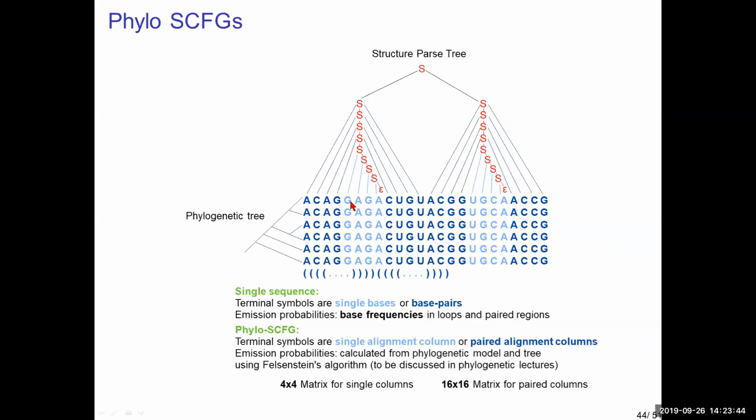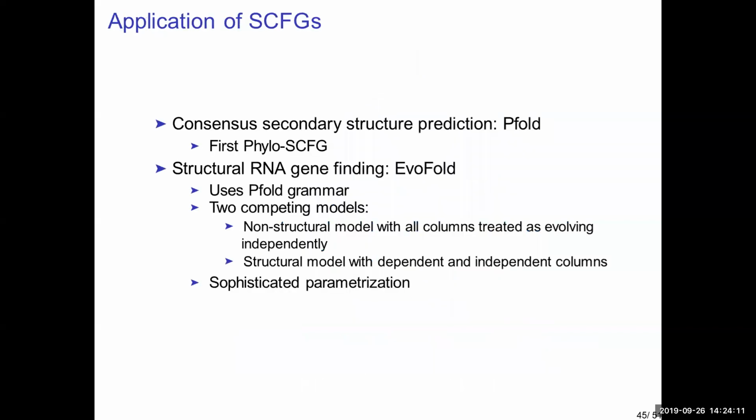So for example, a particular sequence might be replaced with another sequence that folds equally well. So in your stochastic context-free grammar, instead of generating a single sequence at a time, you generate a column of your alignment. And then you can generate paired columns of your alignment from the inside out in a parse tree that has scores associated with particular substitution patterns, okay?